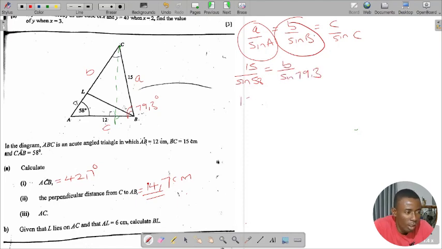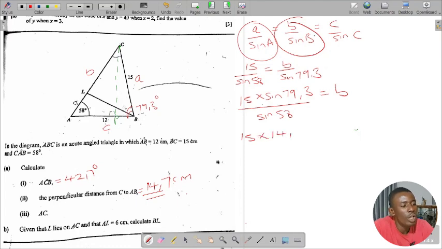So we say cross multiply 15 times sine 79.3, all this over sine 58. This is our b here. So 15 times sine 79.3 is 14.7391 divided by sine 58.